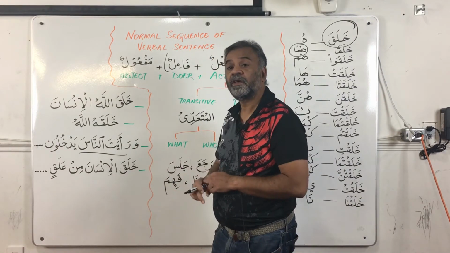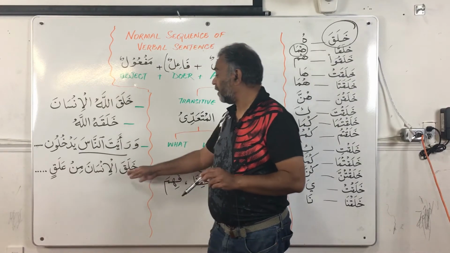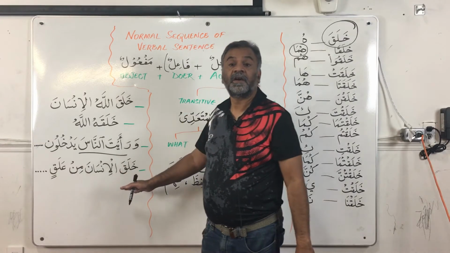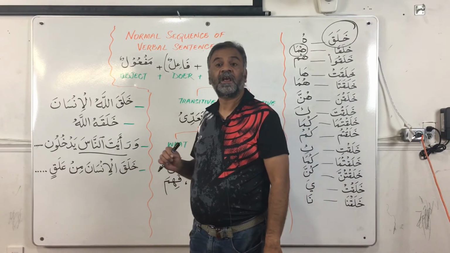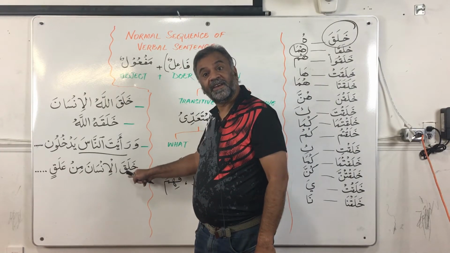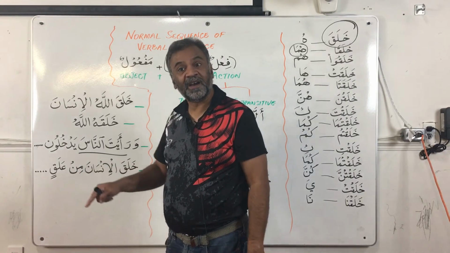Second one is khalaqal insana min alaq. Khalaqal insana min alaq. Now in this case, Sardar Sahab, khalaqa is your fi'l. Where is the fa'il? Mustatir, taqdiruhu huwa.